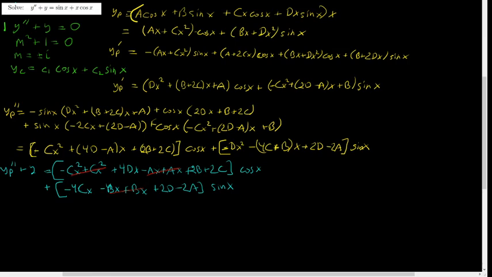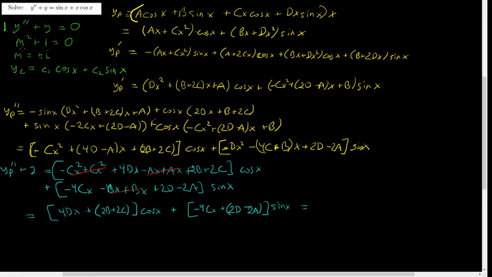But all of this should simplify to, let's see, we have 4dx plus 2b plus 2c times cosine, right, plus, and then negative 4cx plus 2d minus 2a, all times sine x.